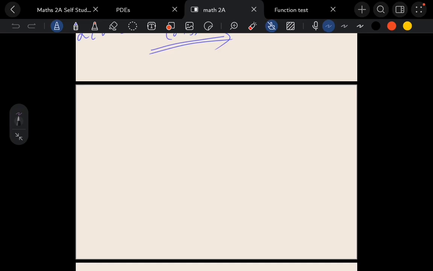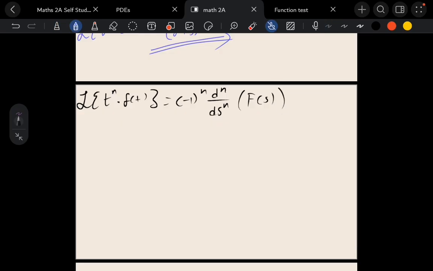It states that when you take the Laplace transform of t to the power n times f of t, it is (-1) to the power n, d to the power n over ds to the power n, in bracket F of s, right? What you need to understand is that this f of t here will give rise to that F of s.